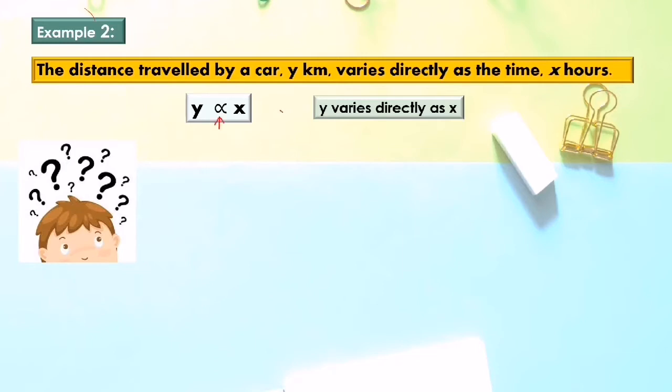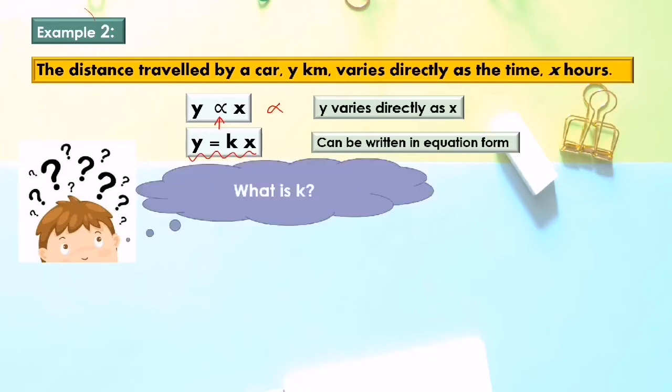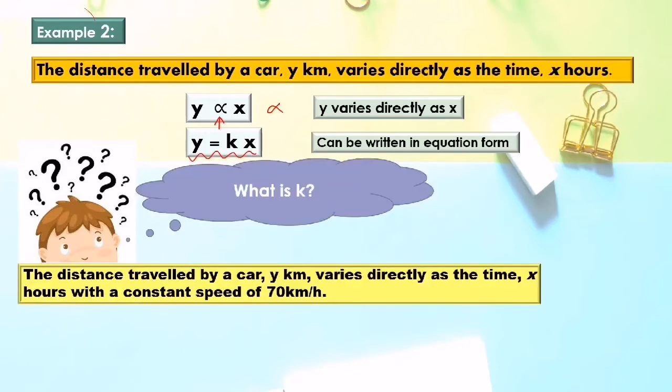Okay, you can draw like this, or you can write in equation y equals to kx. This also can be written in equation form. Okay, so what is k? K actually is a constant. To know what is constant, let us look at this example.